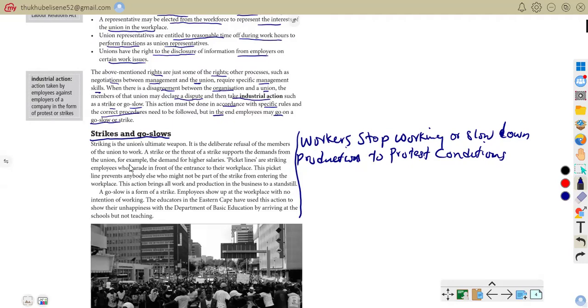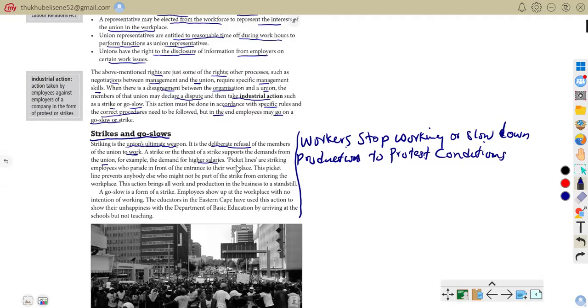As it says, striking is the union's action, a deliberate refusal of the members of the union to work. So we stop working. A strike or the threat of a strike supports the demands of the union, for example the demand for higher salaries.